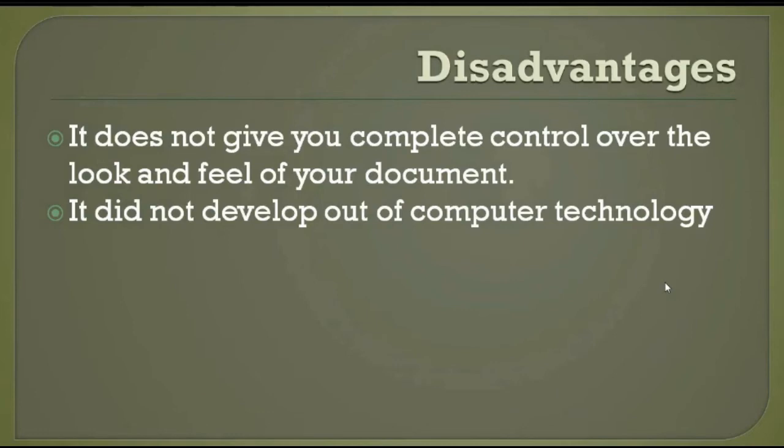When you are typing a name, it will suggest another name. Sometimes auto text or auto correction will be done while you are unaware of that. So these are the disadvantages of word processing software.